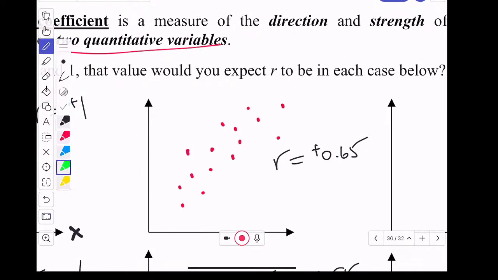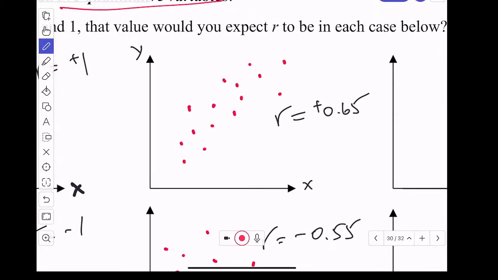So what we're going to do is look at the range of values in this direction. Oh, let me put my X and Y on here. So this is X, and this is Y. I want to look at the range of values for X, and we want to go about halfway through.